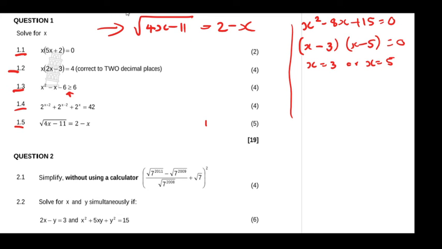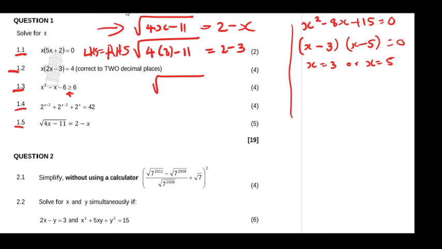So here we got x equals 3, right? So meaning I'm just going to put in 3 where there's x. So it's the root of 4 into 3 minus 11 equals 2 minus 3. So I must get the left hand side equal to the right hand side, right? I must get that. If I don't, then the solution is not applicable, right? Doesn't count.